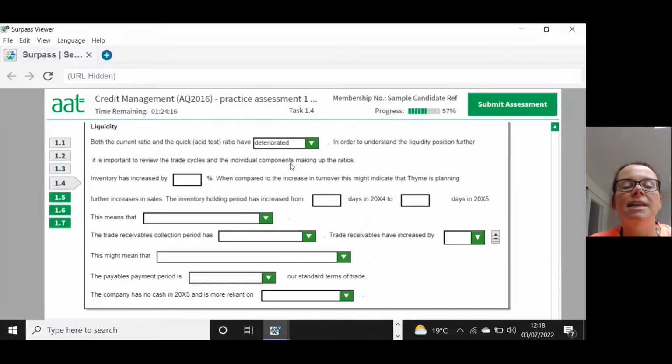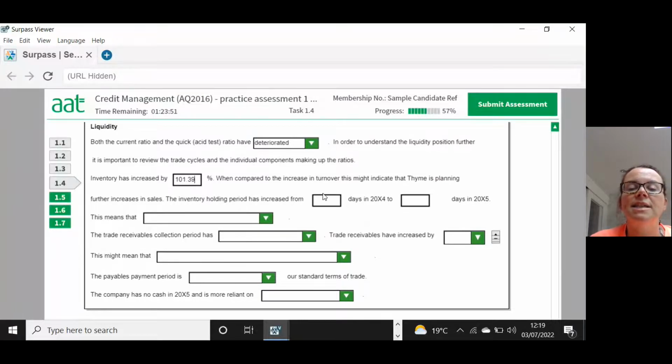In order to understand the liquidity position further, it is important to review the trade cycles and the individual components making up the ratios. Inventory has increased by, so that's another percentage change calculation, the difference over the starting point times 100.